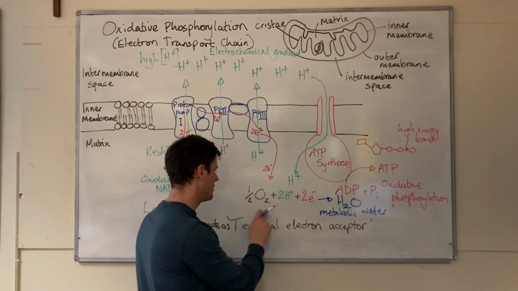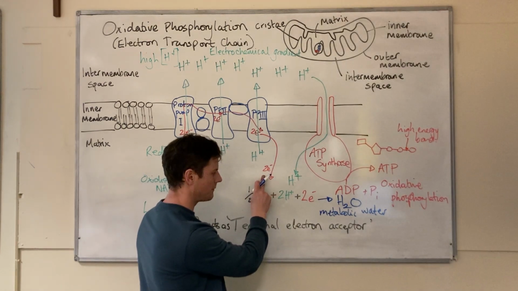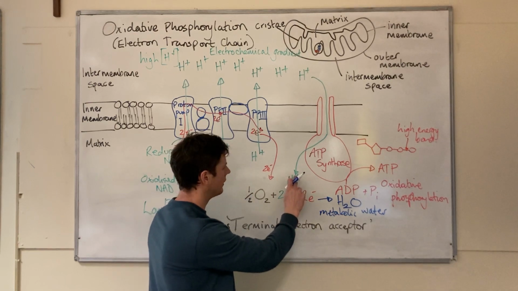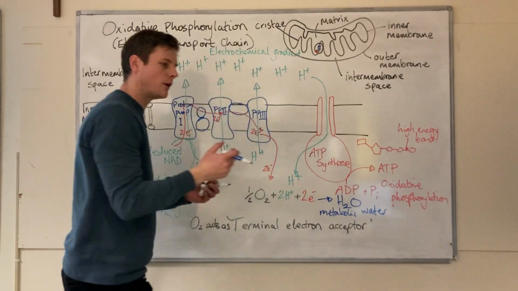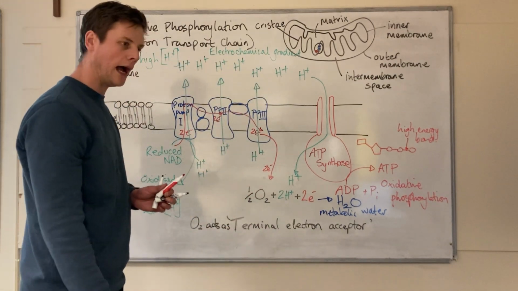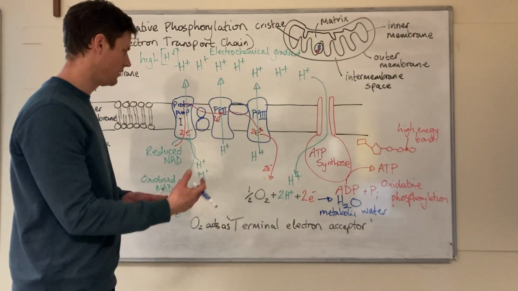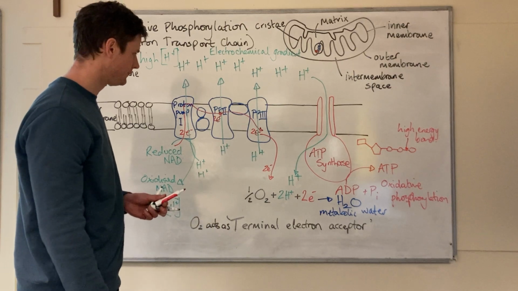Without this oxygen, those electrons can't be accepted. Protons can't be accepted. And all of this would back up. And in the next video I make, I'll do a little video on anaerobic respiration to explain that in a bit more detail.